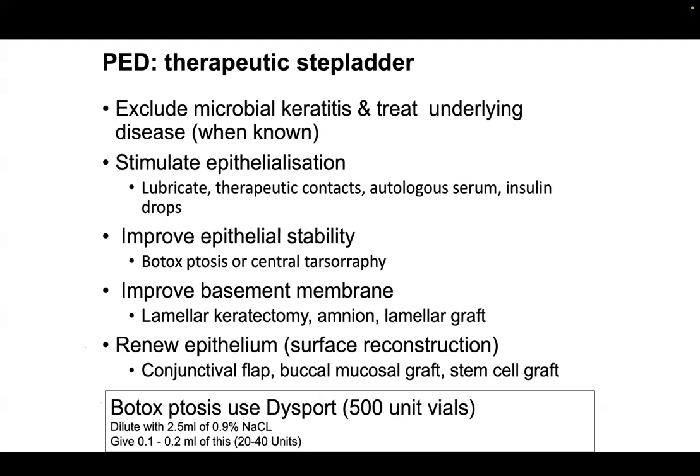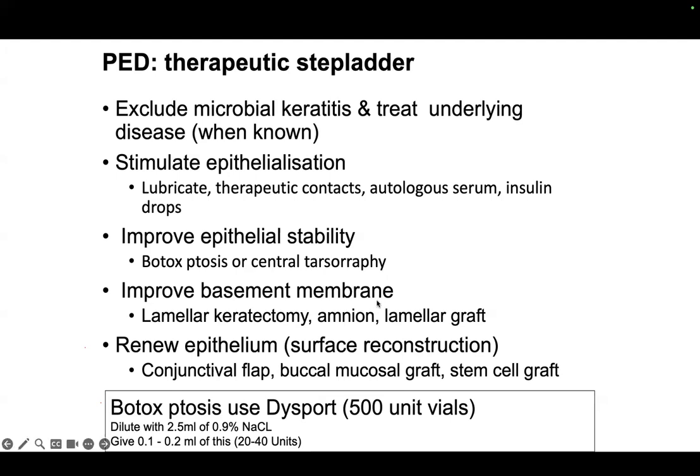More recently, the pharmacy at St Thomas's will source insulin drops for us. Those are quite helpful, particularly in diabetics, for encouraging healing of epithelial defects. Botox-induced ptosis or a central tarsorrhaphy can also be helpful to increase the coverage of tears on the surface.